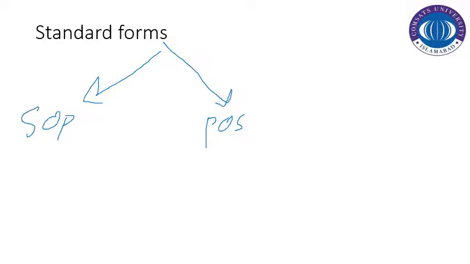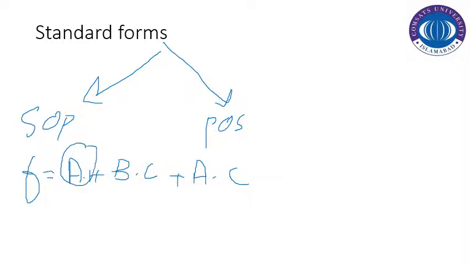For example, we've got a function f with three literals, a, b and c: f equals a or b into c or a into c. This is the sum of products format. We've got the product terms a, b into c, and a into c. You can see that for the first term we don't have b and c available.